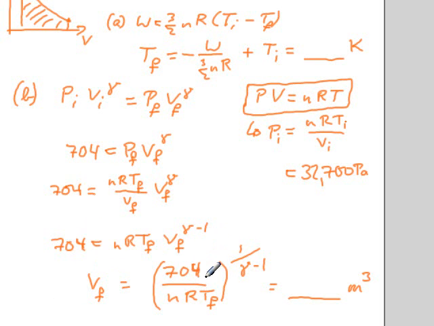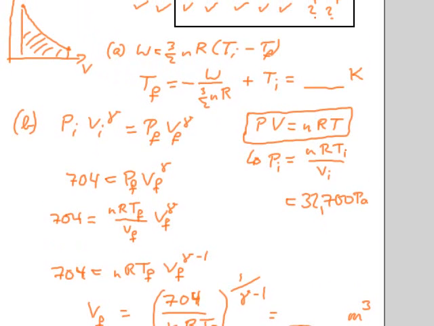So parentheses 704 divided by 1 mole times 8.31 times the 327 kelvins that I just calculated, close the parentheses again, and then to the power 1 over 5/3 minus 1. And I have to close several parentheses, and I come up with a rounded 0.132 cubic meters, and that's what I said earlier, that the volume of course has to become larger as it expands.